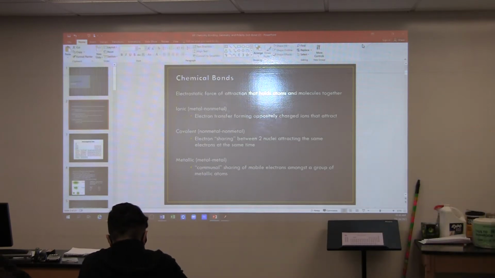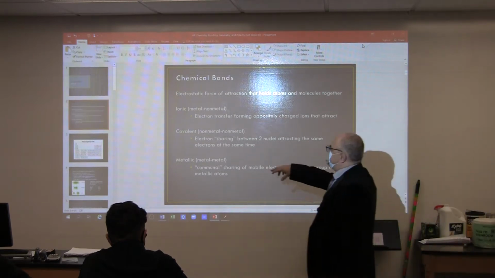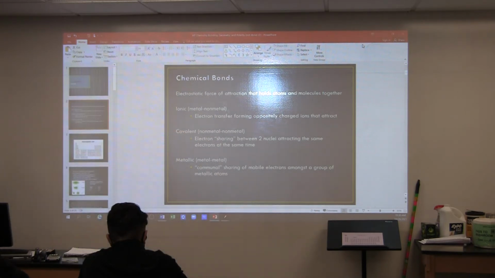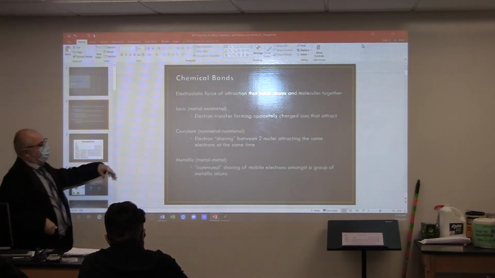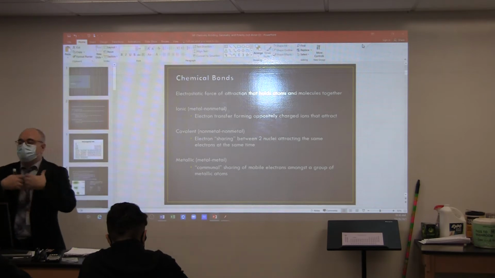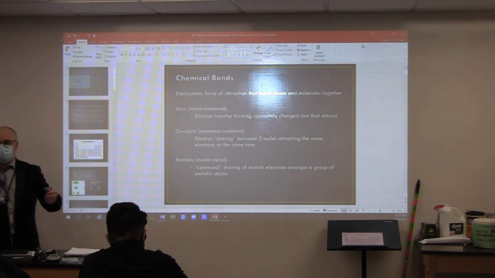When we look at what we call ionic bonding, ultimately, this is very quickly predictable by just recognizing that when a metal and a nonmetal are involved, they go through this type of bond. What does that mean? In ionic bonding, electrons are transferred from the metal to the nonmetal.